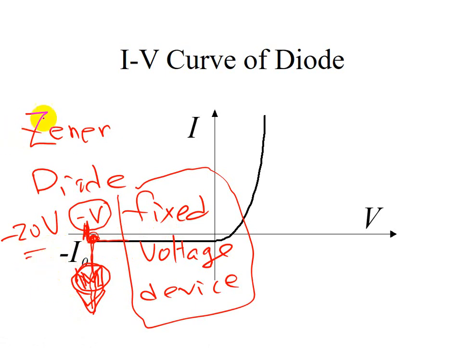This is called a Zener diode, one of the devices used in electronic design when you want a fixed voltage device operating at a specific voltage level. This is called a Zener diode. Okay, this will be the topic we talk about for the diode.